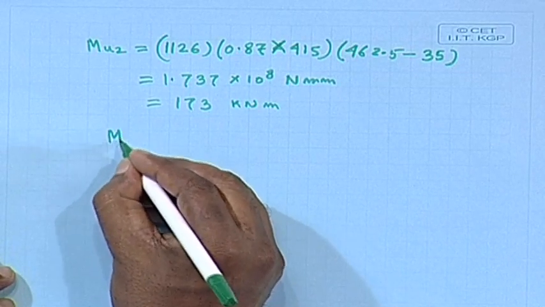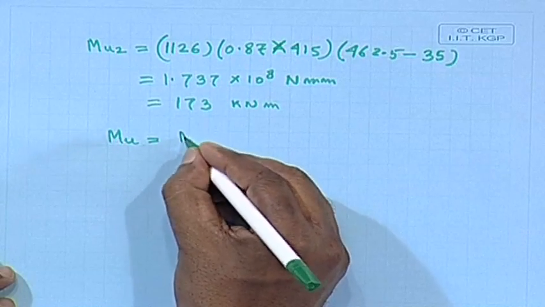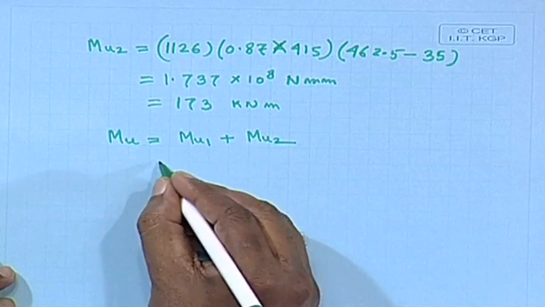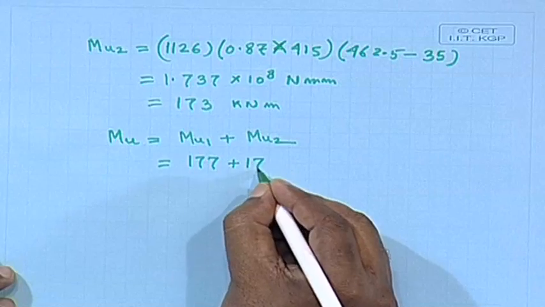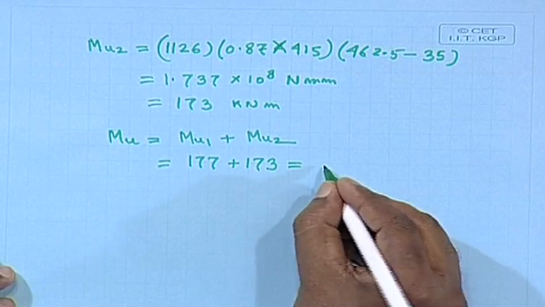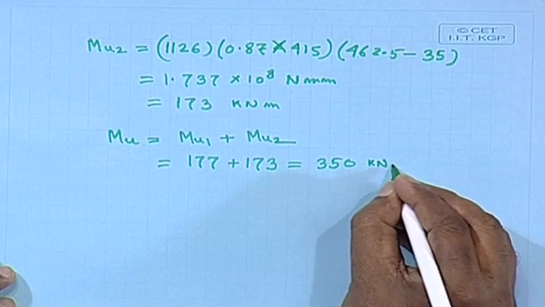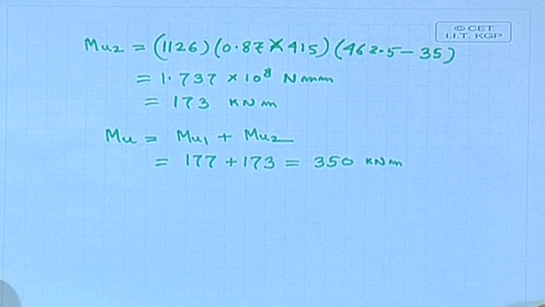Mu we can write down as mu1 plus mu2 equals 177 plus 173 equals 350 kilonewton meter. Okay.